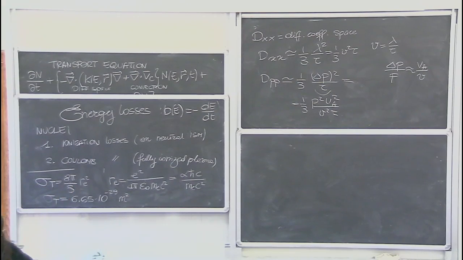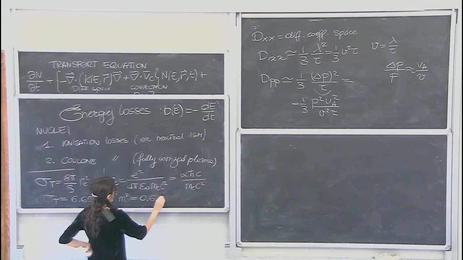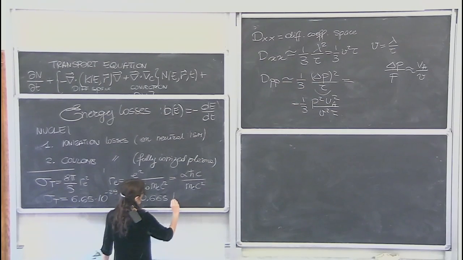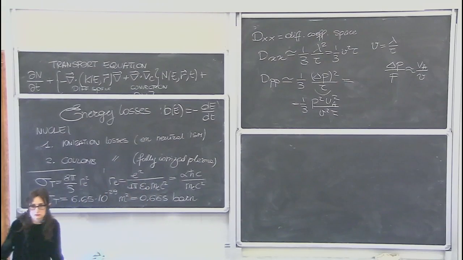Remember that a barn, which is the typical unit for cross-section, is 10 to the minus 24 centimeters squared. And that is 0.665 barn. So just to give you some numbers that are useful.